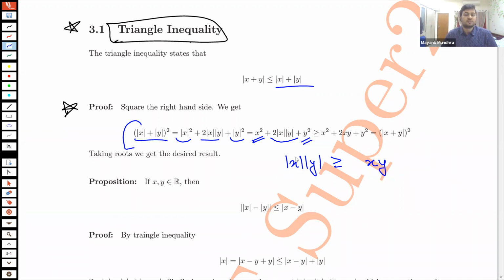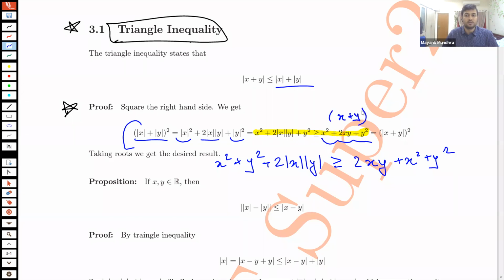Since this is true, you can just add x² + y² on both sides, and the inequality will remain. So what you get is this inequality now. And finally, the right hand side here is (x + y)², which can be written as |x + y|².